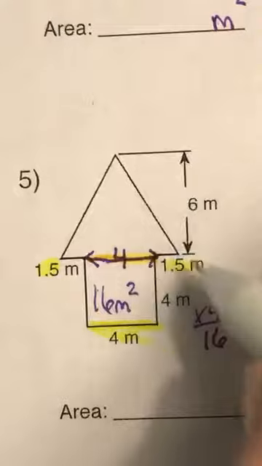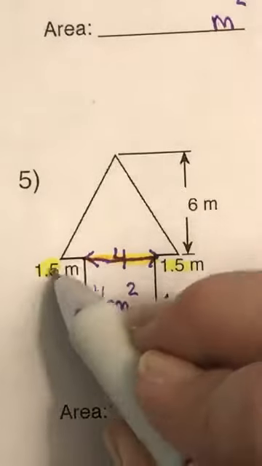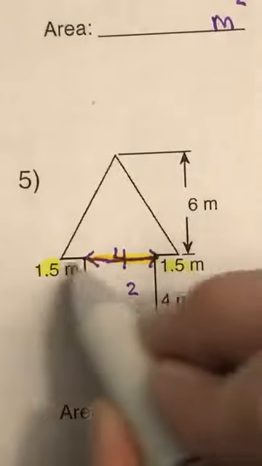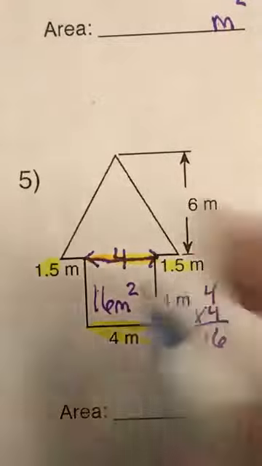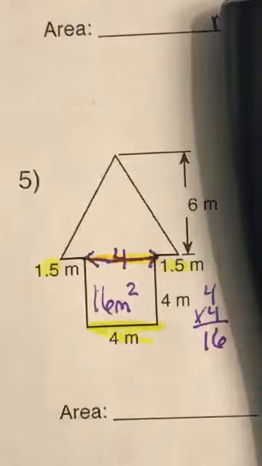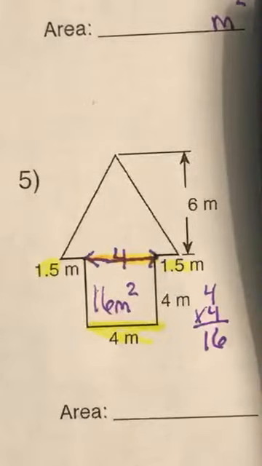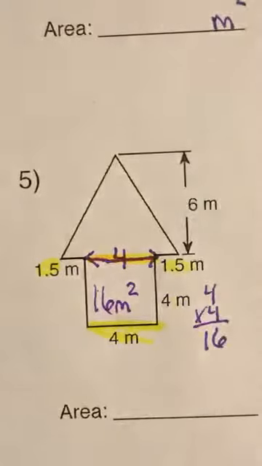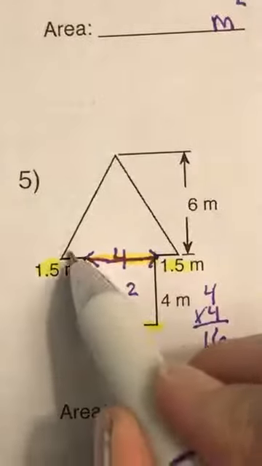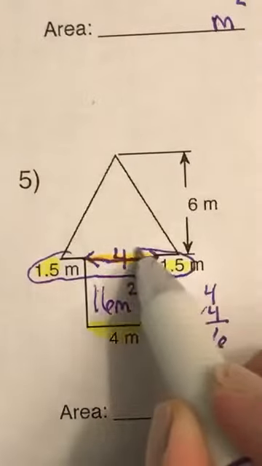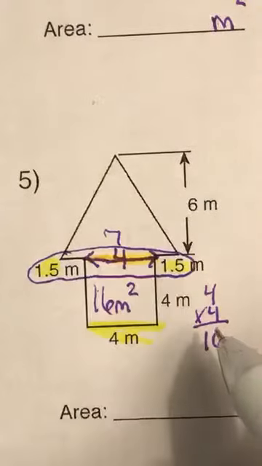So what you need to do is add 4 plus 1.5 plus 1.5 to get the entire bottom of the triangle. So put that in your calculator. Pause the video if you need to. Add your 1.5, your 4, and your 1.5. Okay, so the total bottom of your triangle all together should be 7.